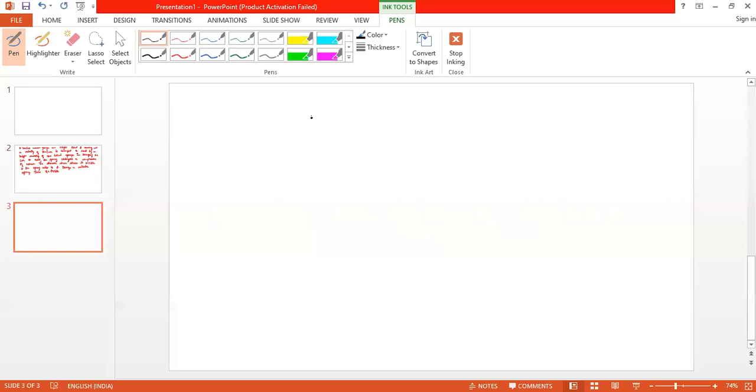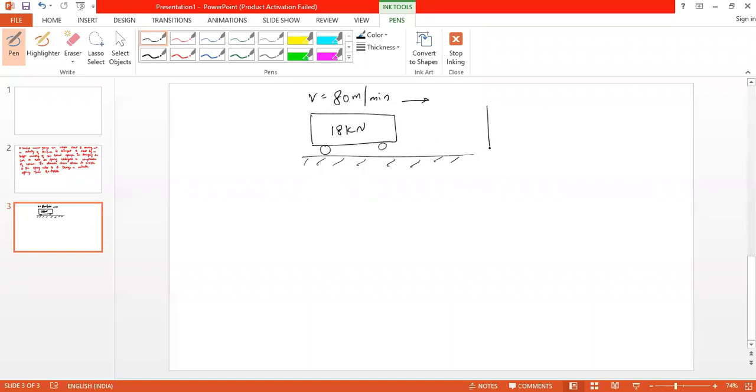So here, say there is a car which is moving at a velocity of 80 meters per minute, which weighs 18 kilonewton. It is moving in this direction, and it is brought to rest by the buffer consisting of two helical springs.